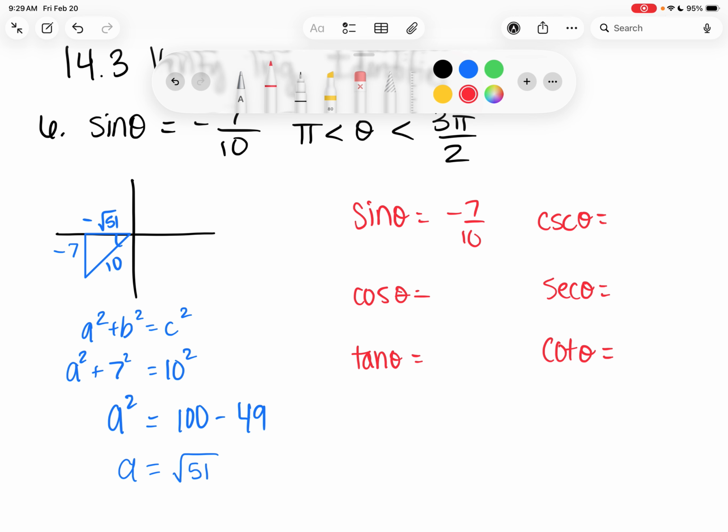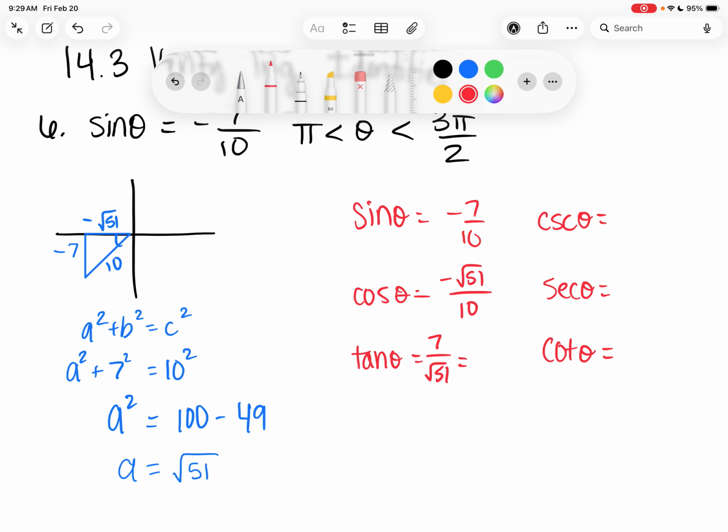Adjacent over hypotenuse, negative square root of 51 over 10. Tangent. Negative square root of 51 over negative 7. And since they're both negative, I'm just going to take the negatives away.